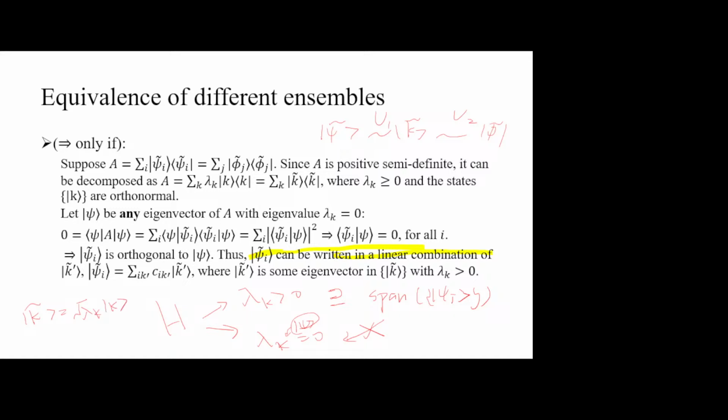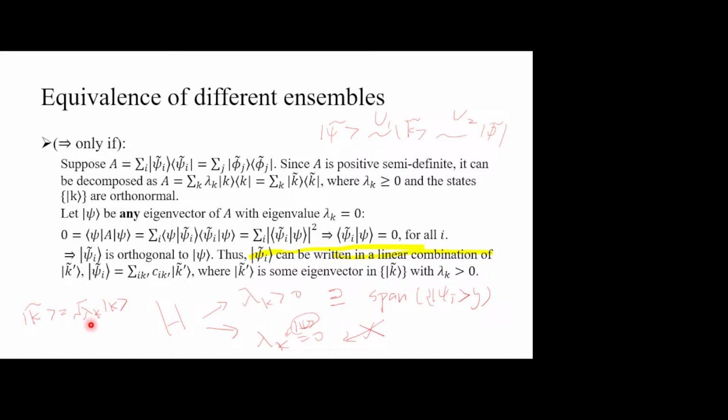Each psi can be written as a linear combination of k, because k is the basis for this space, and also each psi can be written as a linear combination of k tilde, because if you rescale your basis vectors it is still a basis.